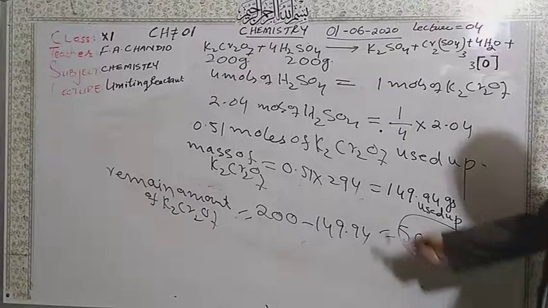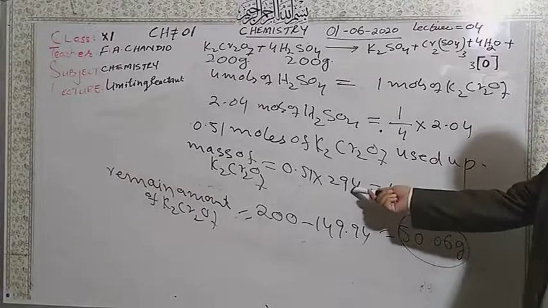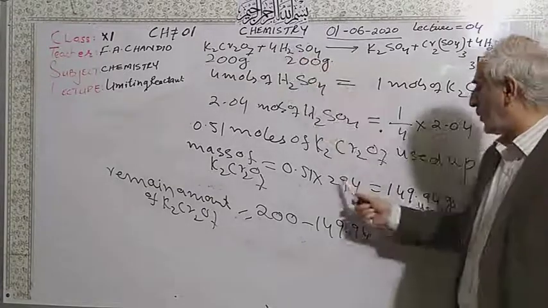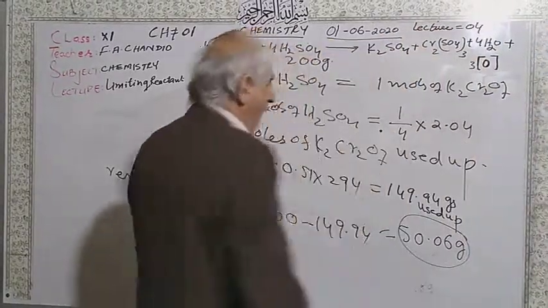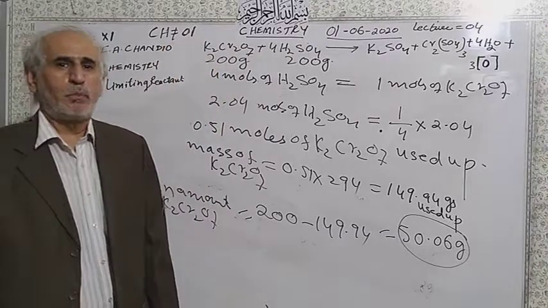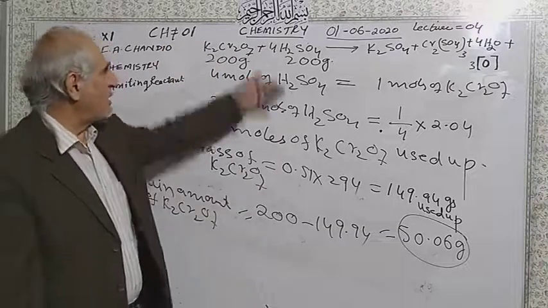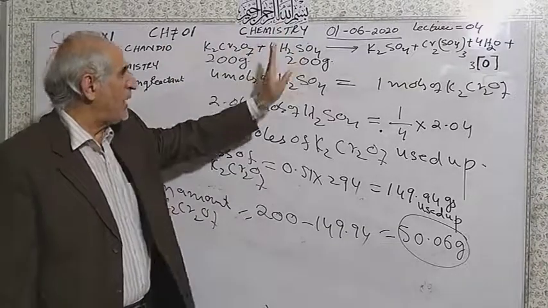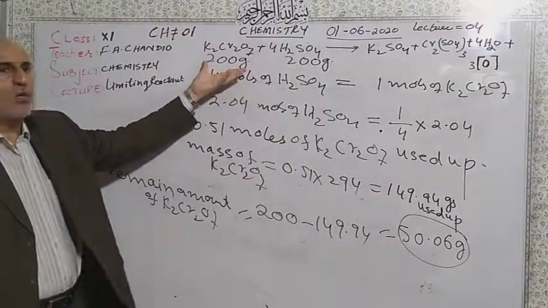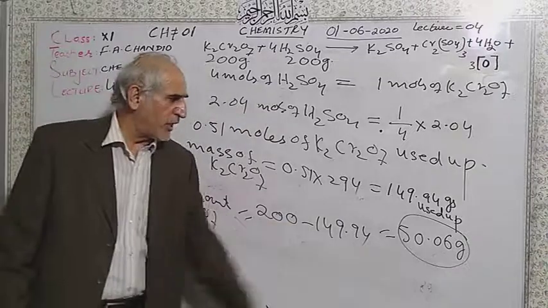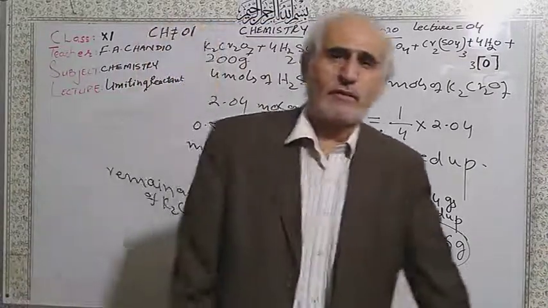I convert into mass by multiplying by the molar mass 294, so the answer is 149.94 grams used up, completely consumed. Initially we have 200 grams, so 200 minus this gives 50. So still 50 grams remain.